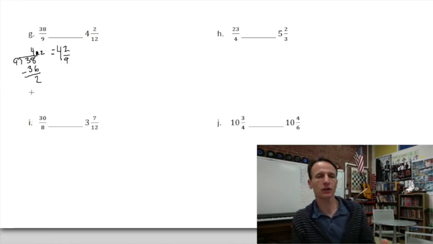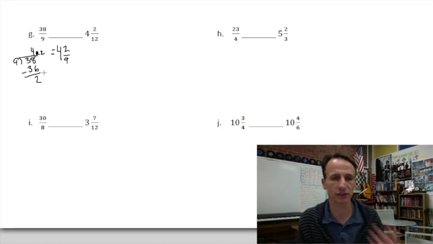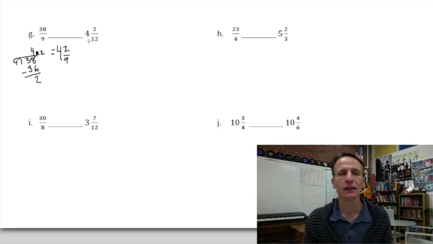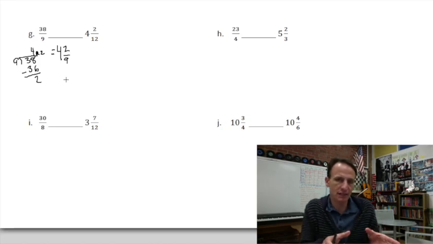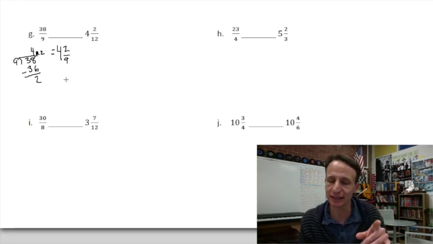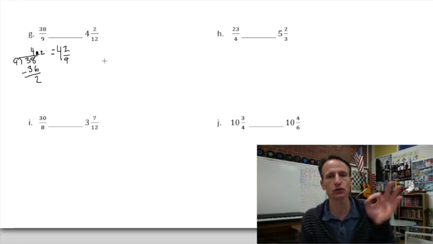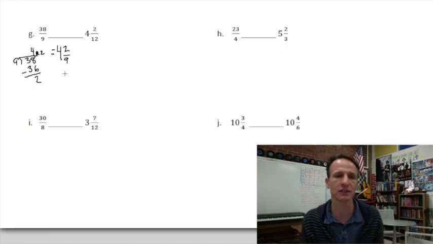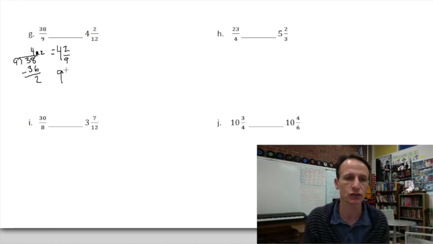Now we could also have done that with the decomposition method. I just kind of like doing division. Now here's what's going to make this easier for us: here it's 2 twelfths. And remember from that last one we did, if you cut that cake into more slices, the slices get smaller. That means ninths are greater than twelfths. I know that's like opposite day kind of thinking, but it is so.